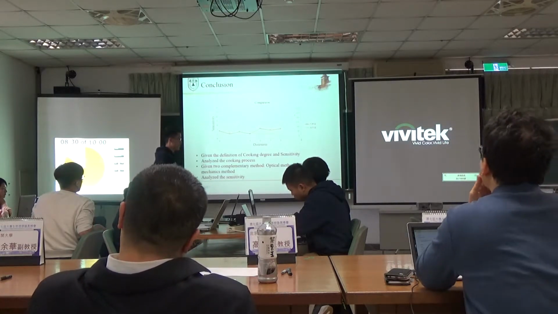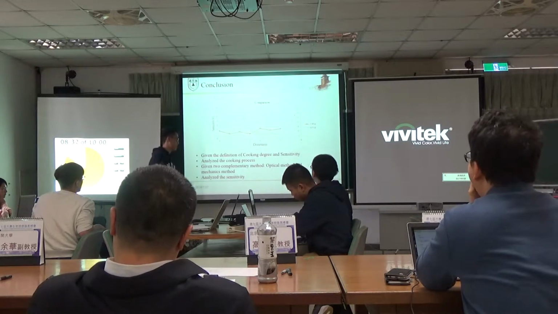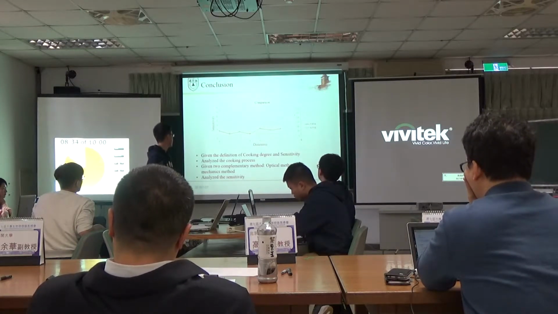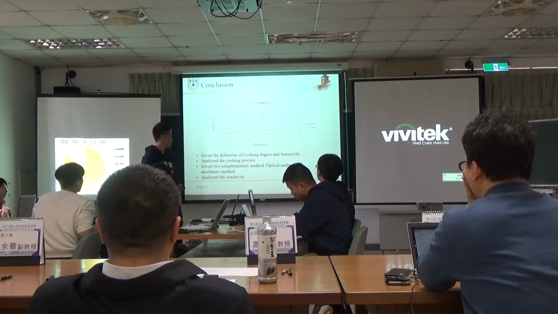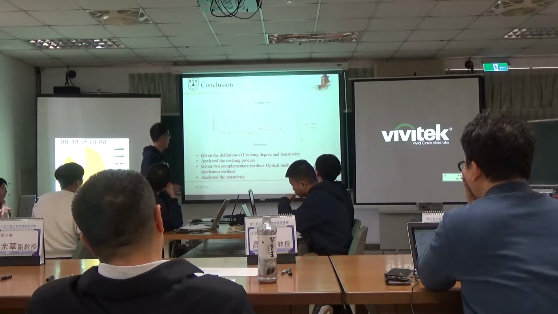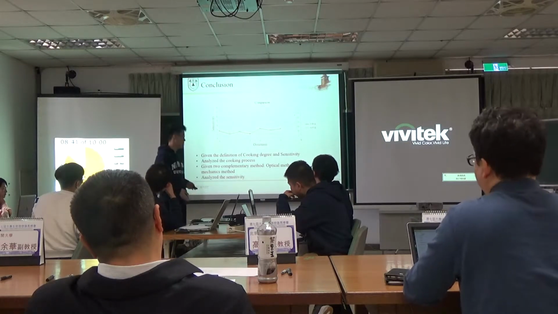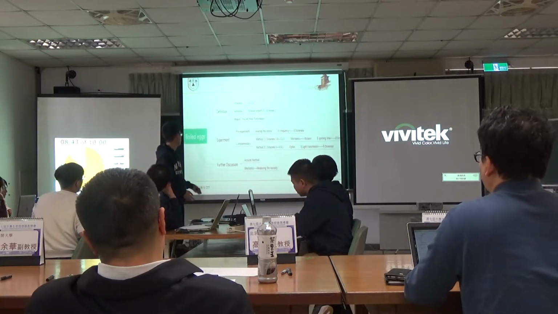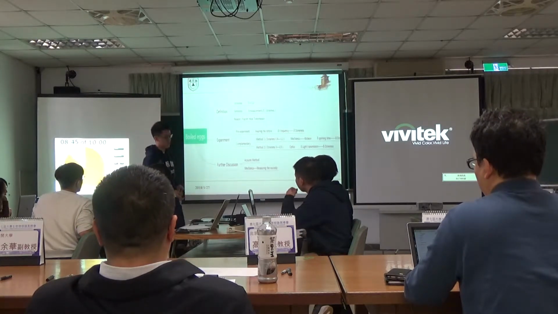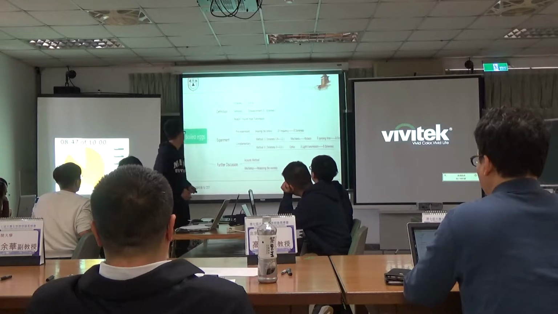And after 3 to about 10 minutes, we can use the mechanical waves. So they are complementary. And finally, we analyze the sensitivity. So this is the structure of our speech. Thank you.